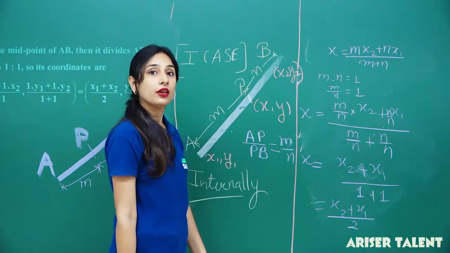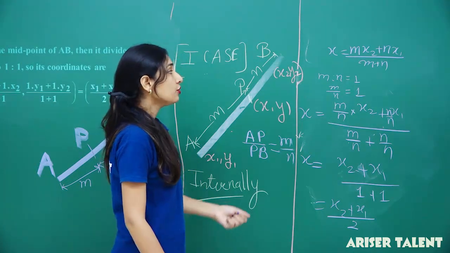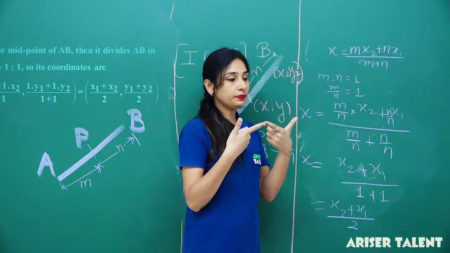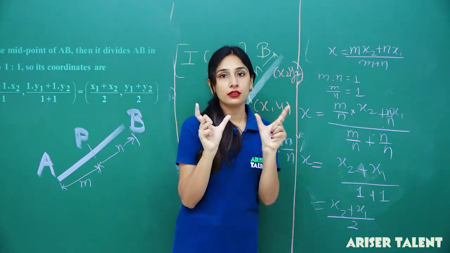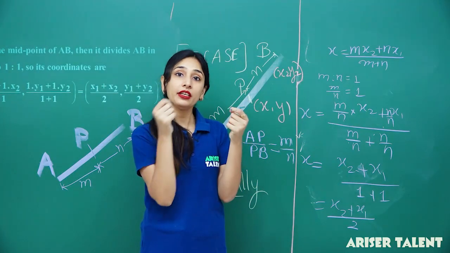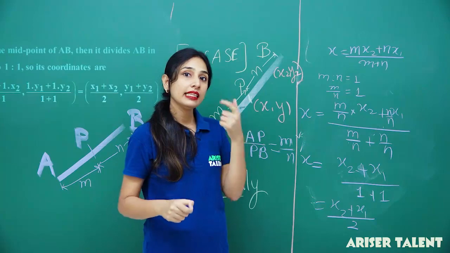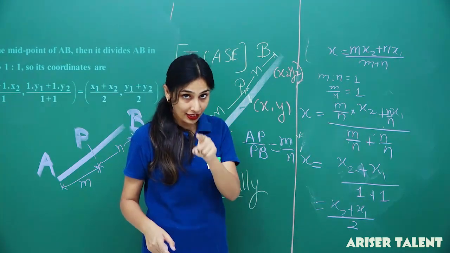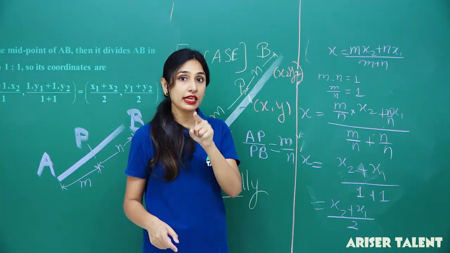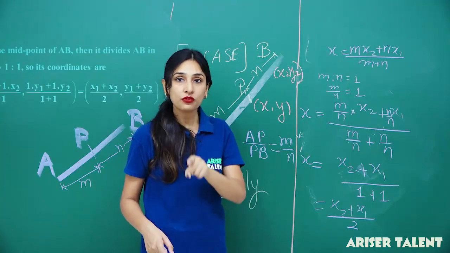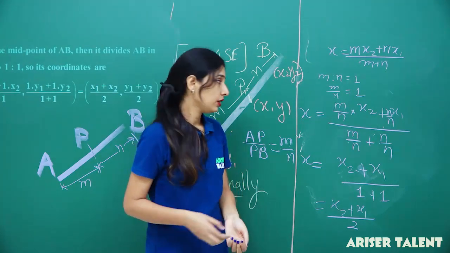Similarly for Y. So if it divides in two perfect segments, this point P divides this particular segment in two equal halves, then M by N will be equal to 1. Then in that case, the value of X will be equal to X1 plus X2 by 2, and the value of Y will be equal to Y2 plus Y1 by 2. Okay, got it?